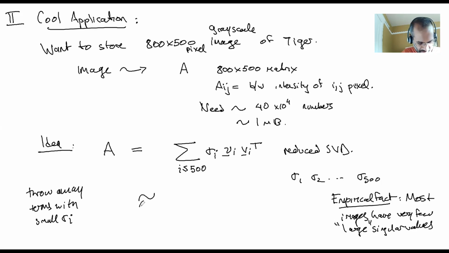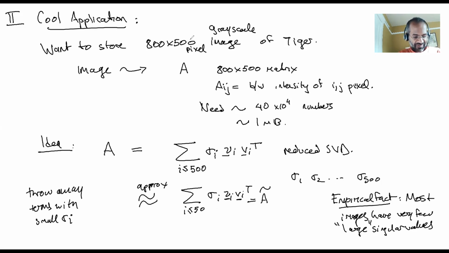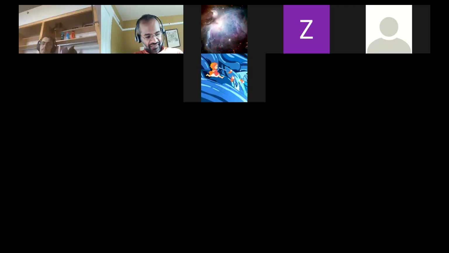So the idea is, you can approximate this by throwing away all but the top, let's say 50. So this is now a rank 50 matrix, right? Let's call this A tilde. This is the key idea in image compression. And let's see how well it works.